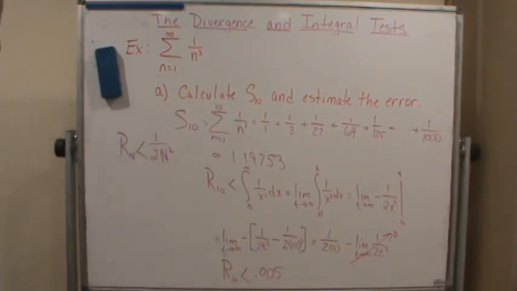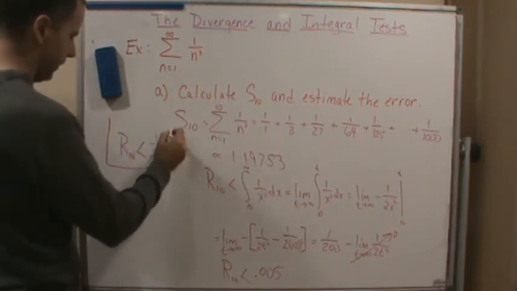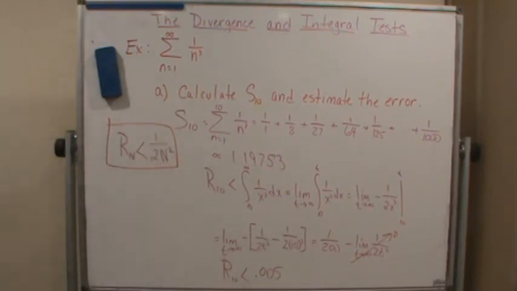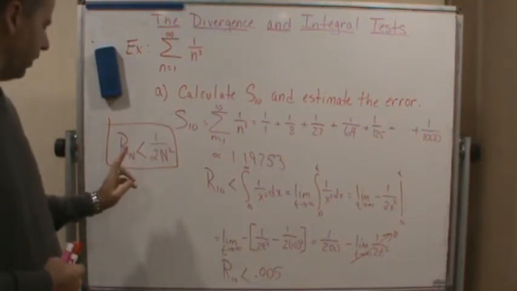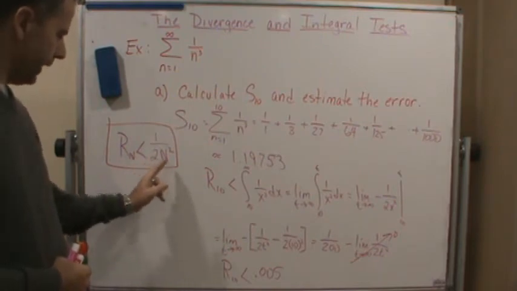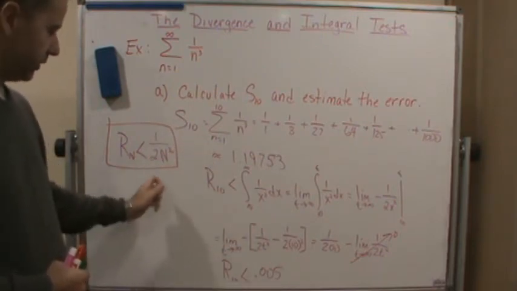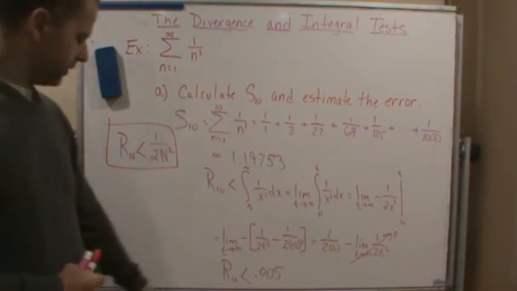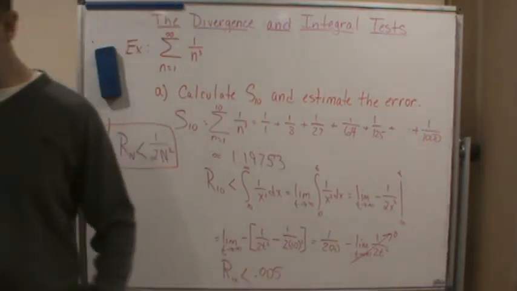So now you know for any N value, the remainder has to be less than this. So you can calculate the remainder error for any N by using this formula. In this case it's 0.005.